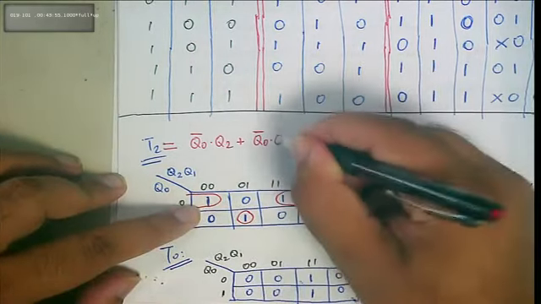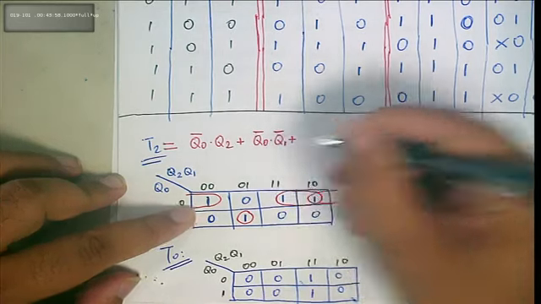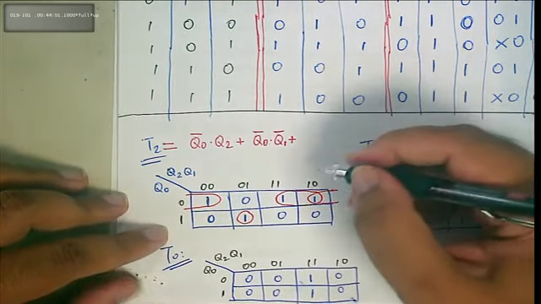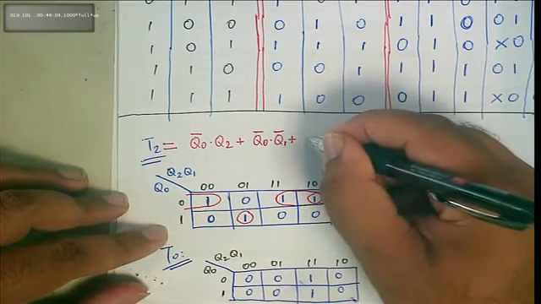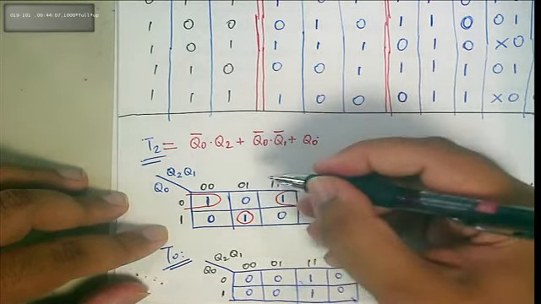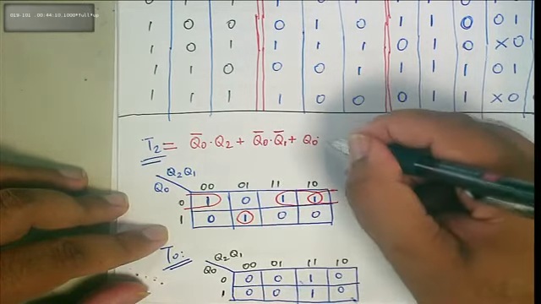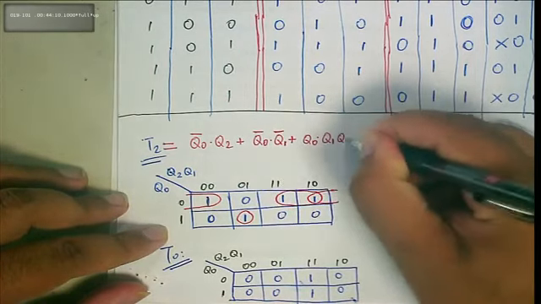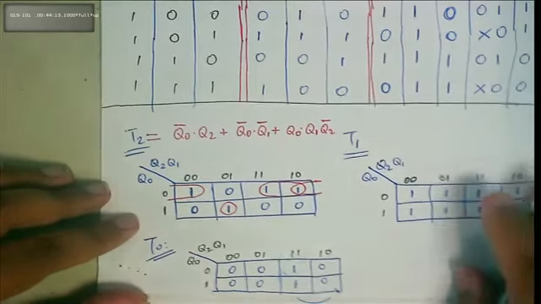Q1 bar, and what's this last one sitting alone? That's Q naught, Q1, Q2 bar, right? Everyone saw what I did there?